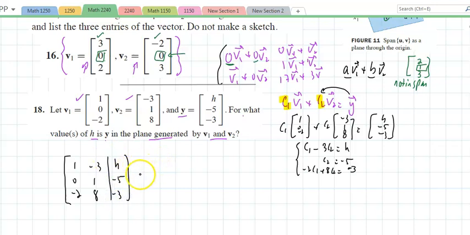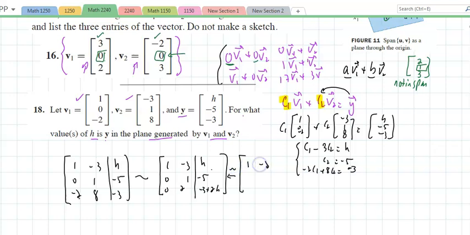And here I notice if I do the row reductions, 1, negative 3, h, multiplied by a 2 added to that third row, so here we know that this is already multiplied by a negative 2 and added to the bottom row. And what do we get?